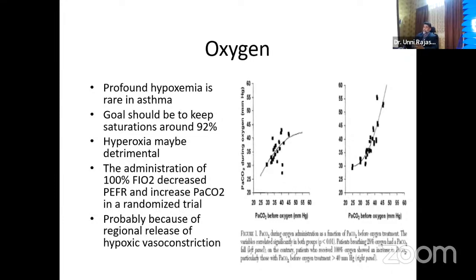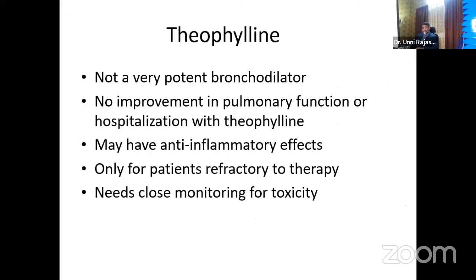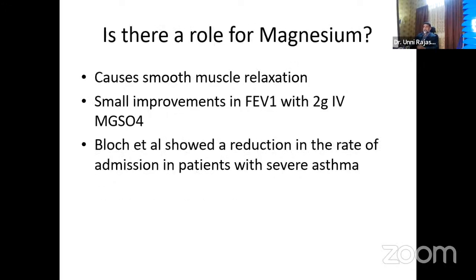One thing we should not forget is that hyperoxia is detrimental for our patient. Administration of 100% oxygen for a long time can be problematic because it releases hypoxic vasoconstriction, which can be a regional effect that can be detrimental for our patients.